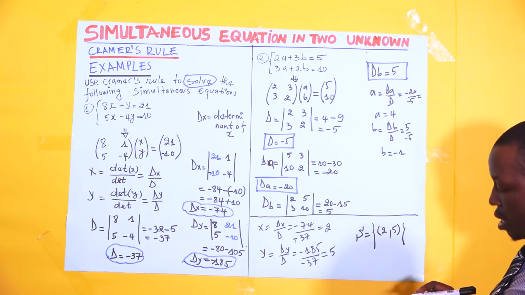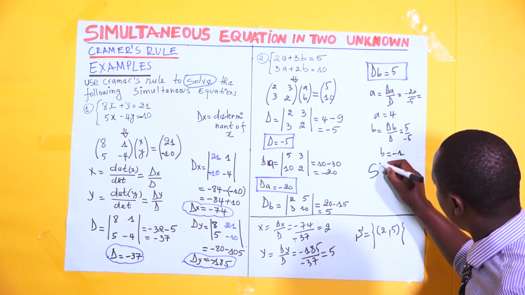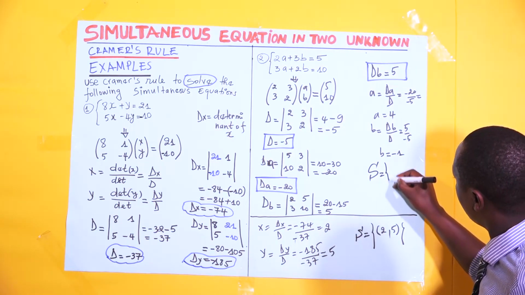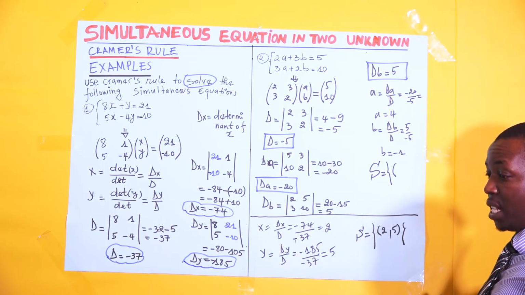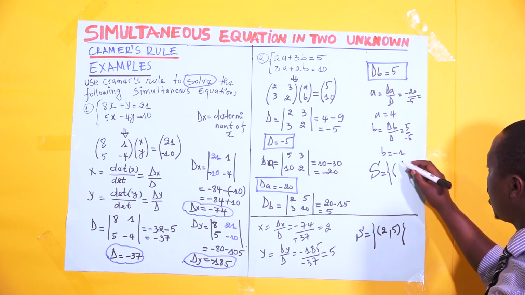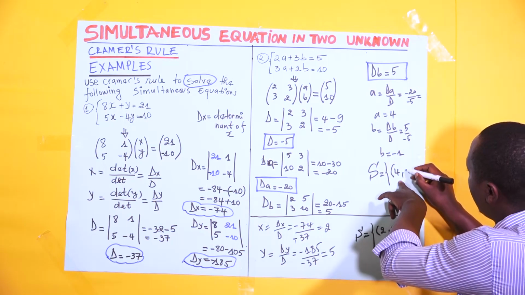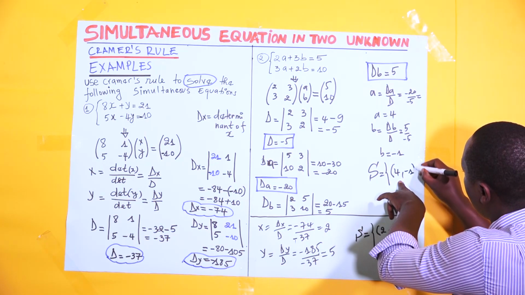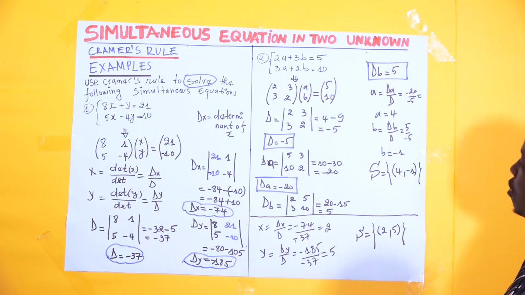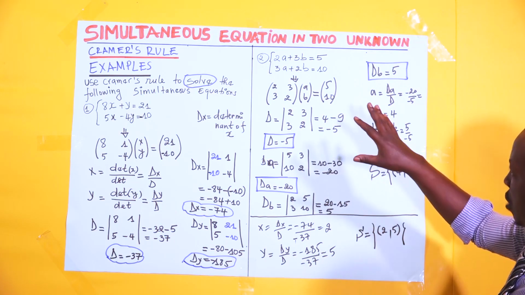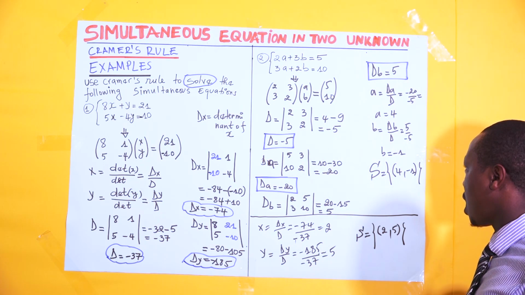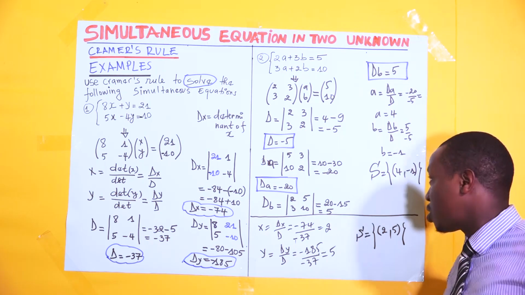So how do we write the solution? The solution is a couple of a and b. We start with a, which is 4, and the value of b is negative 1. Right? So this is the way you find the solution set for question number 2. It was asked to find the common solutions a and b.